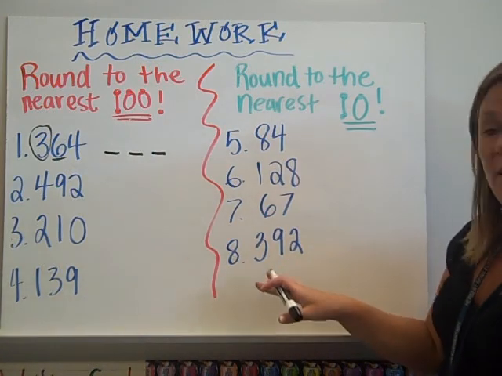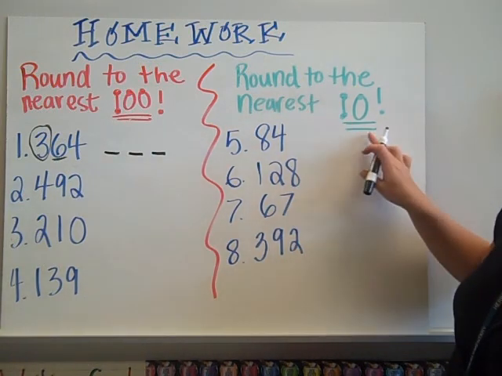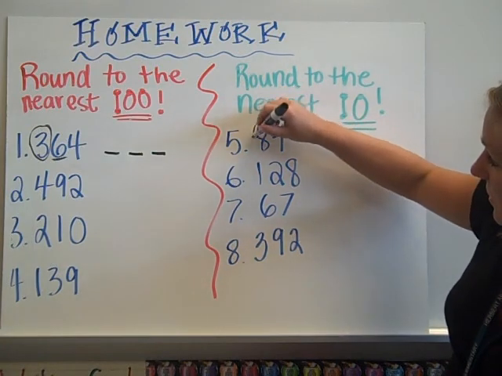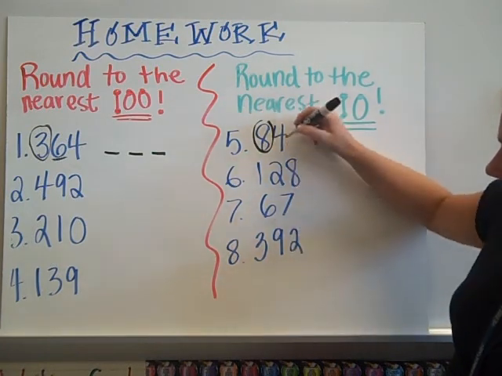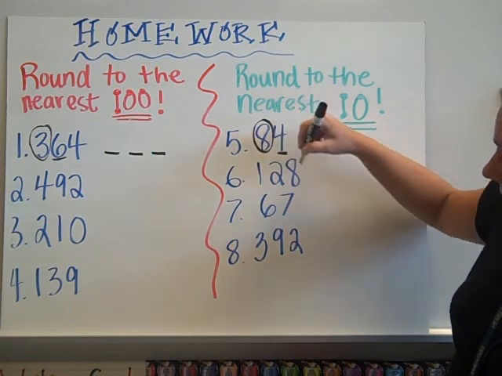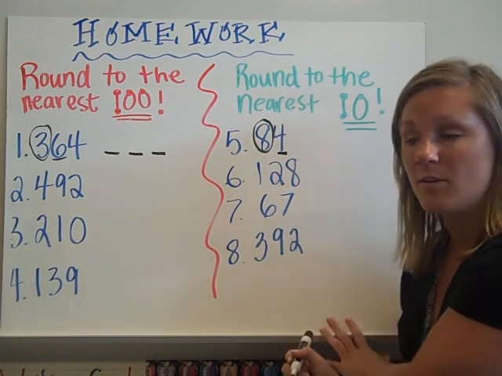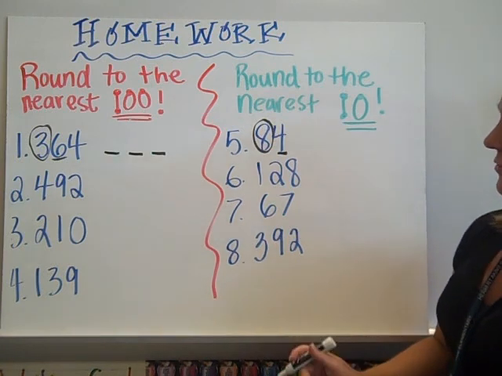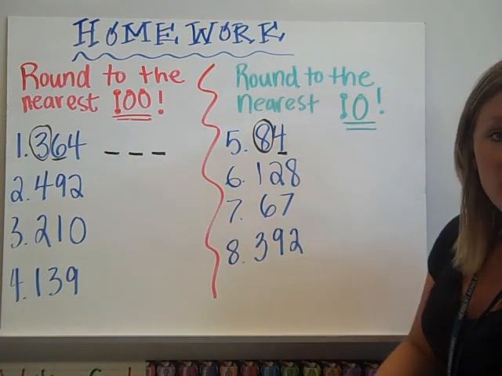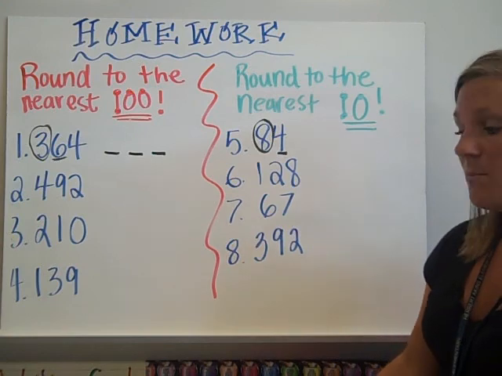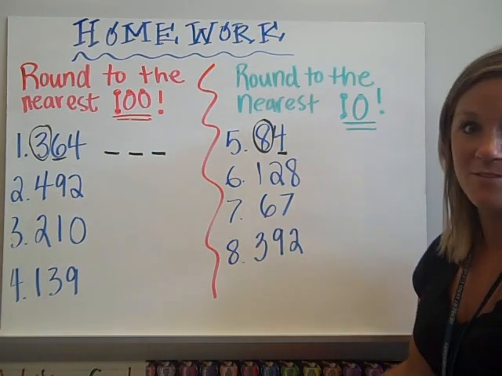For 5, 6, 7, and 8, I'd like you to round to the nearest 10, so you'll need to circle the tens place in each of these, okay, and underline to the right. Some of these only have 2 place values and some of them have 3. Okay? So go ahead and take the time to fill out these 8. If you need to go back and rewatch our practice problems again, please do so. All right? Good luck.